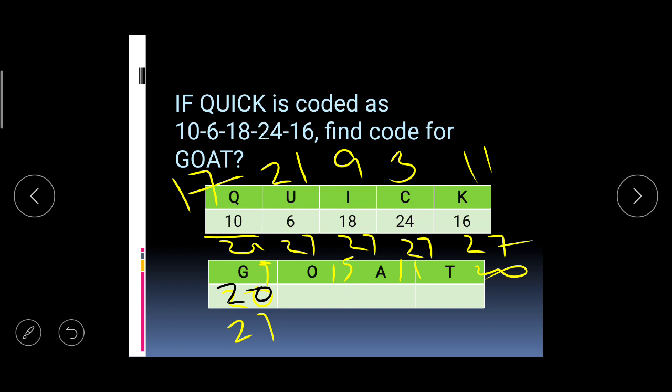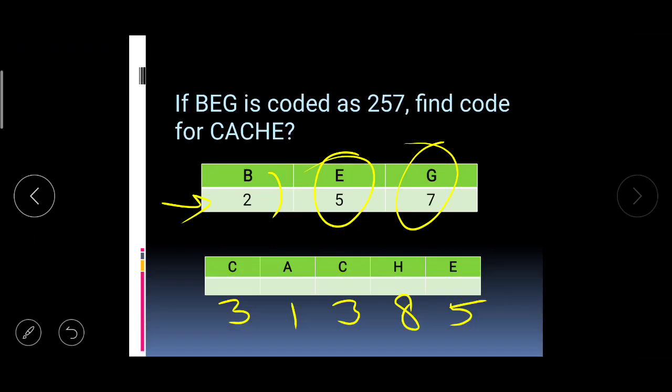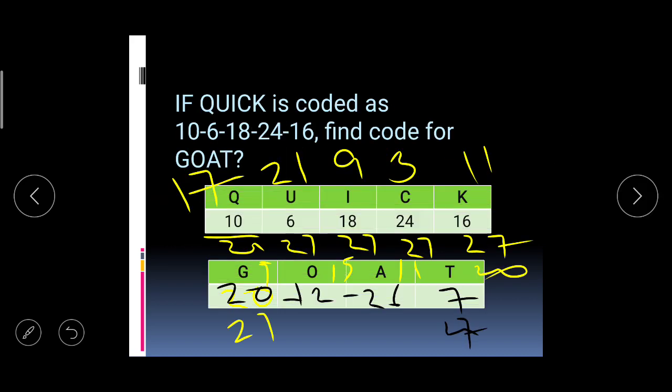We should write 12 here. If A is 1, then we should write 26 here. And if T is 20, we should write 7 here. So it becomes 27, right? So our answer is 20, 12, 26 and 7. So this is my answer.